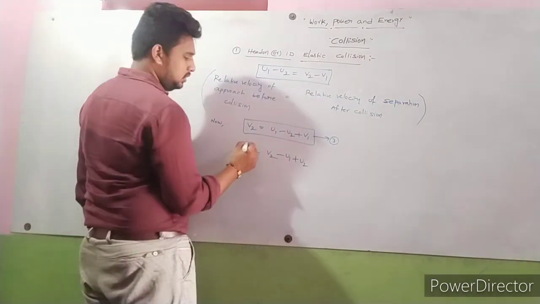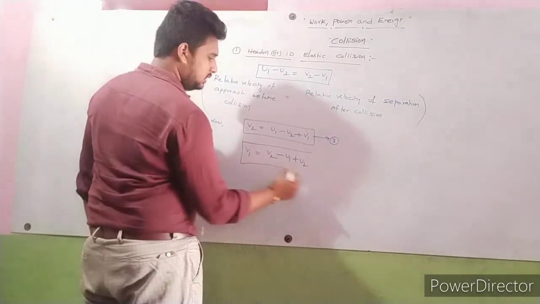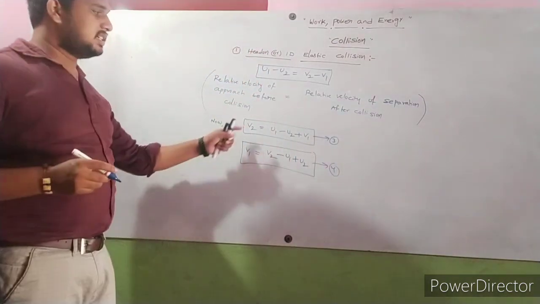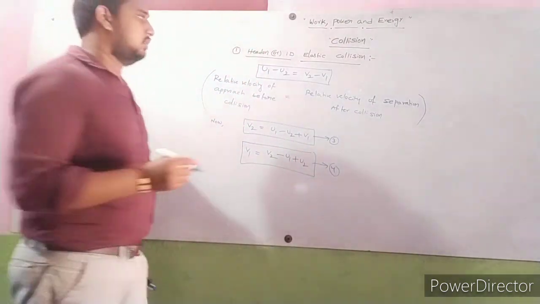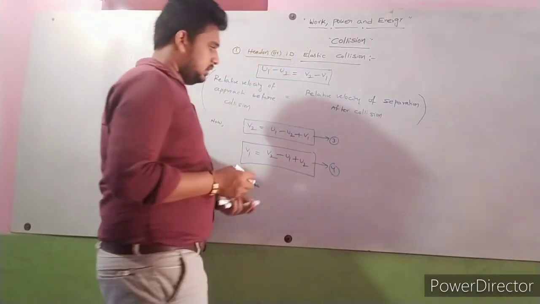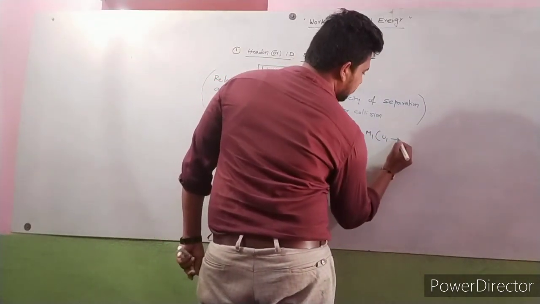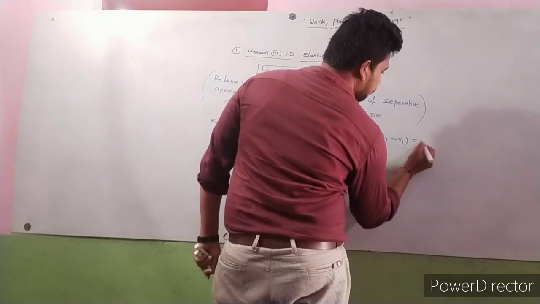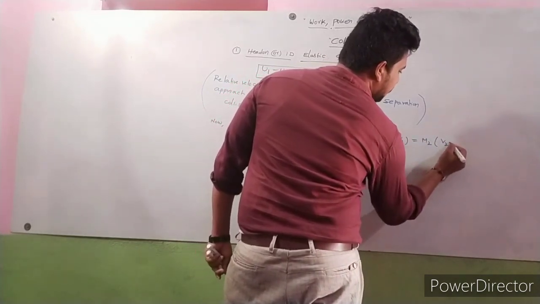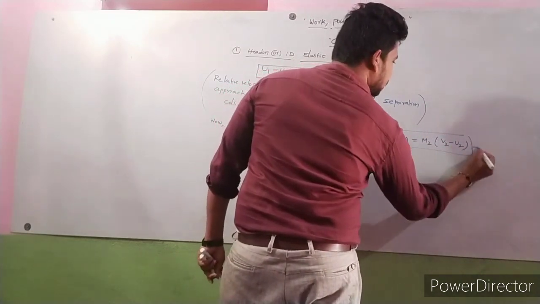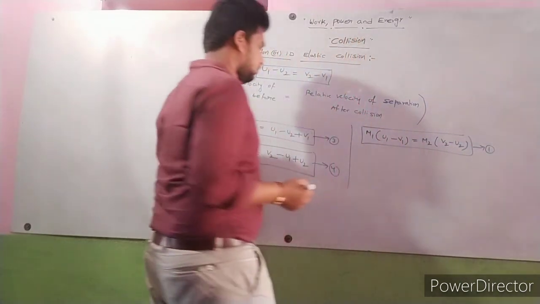So we got this as equation 4. First of all, you know equation 1. What is equation 1? m1 of u1 minus v1 is equal to m2 of v2 minus u2. So this is equation 1. Already we know equation 1.